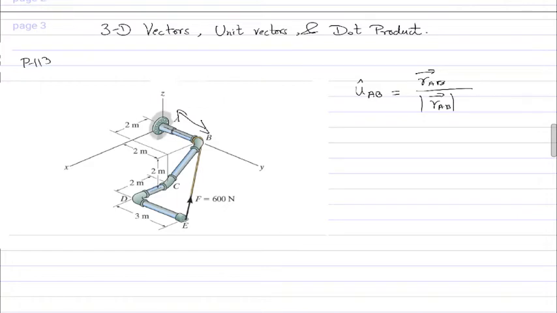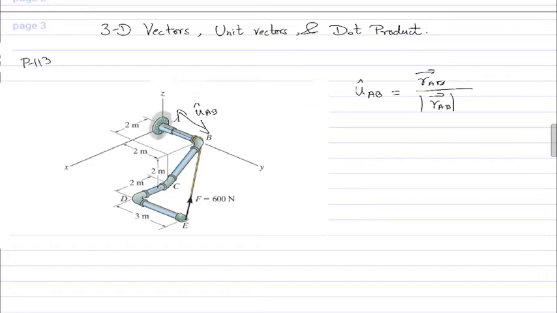That would give you the unit vector in the direction of AB. And once you have the unit vector, everything is pretty straightforward, right? Whatever physical quantity you have, the magnitude of that quantity multiplied by the unit vector gives you the physical quantity in the Cartesian vector format, right?